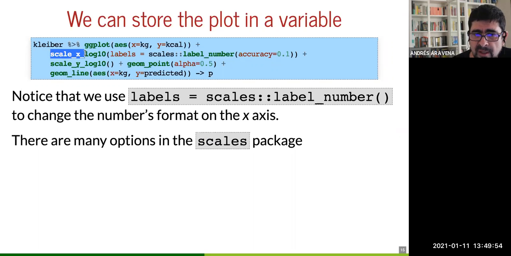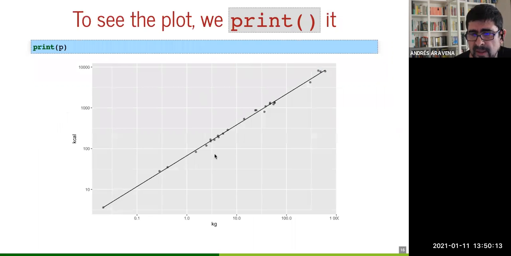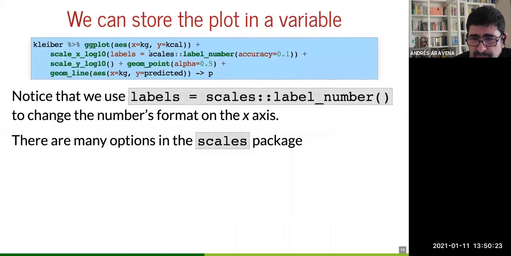So the horizontal scale is logarithmic, and the labels I choose to be numeric with an accuracy of 0.1, or 1 decimal. The rest is the same. Let me show you: 0.1, 1, 10, 100, 1000. That is how I got these numbers, with this option.